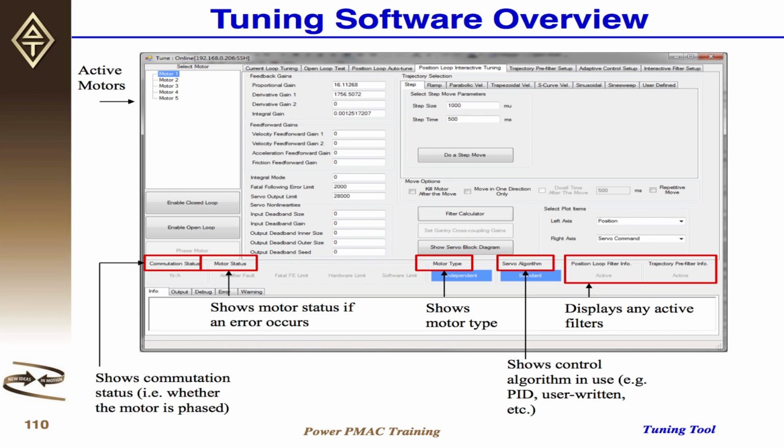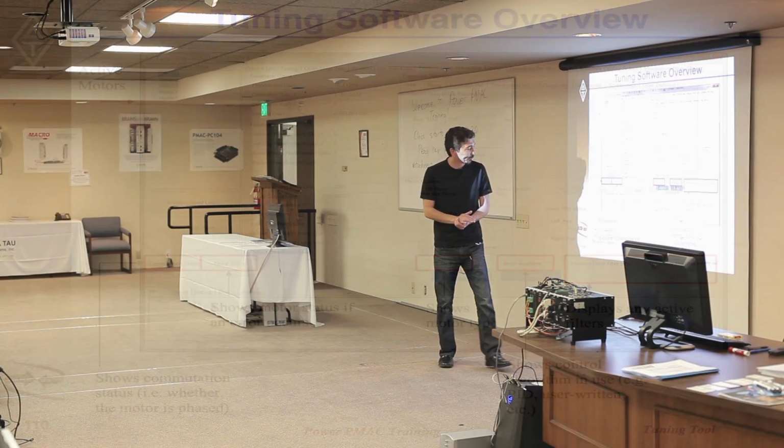Also, it's going to show you if you implemented a filter, at what time, at what instance, which is good, so you know everything about what's going on. And the output window shows which commands are sent from the software to Power PMAC. Okay? The debug window is for me, so you don't need to worry about that. And the warning window shows the warnings.